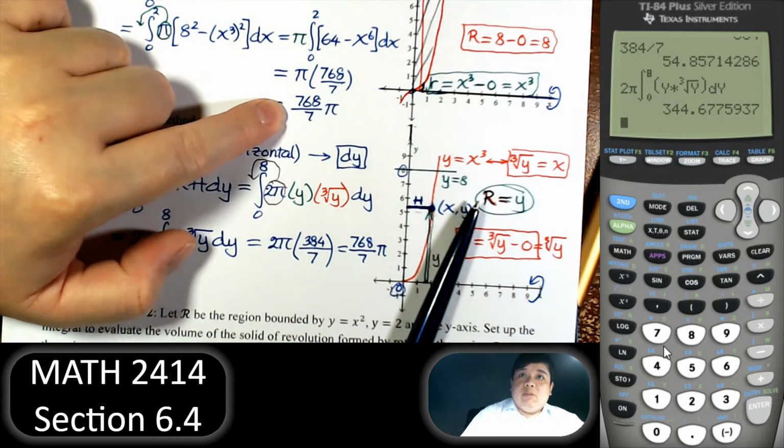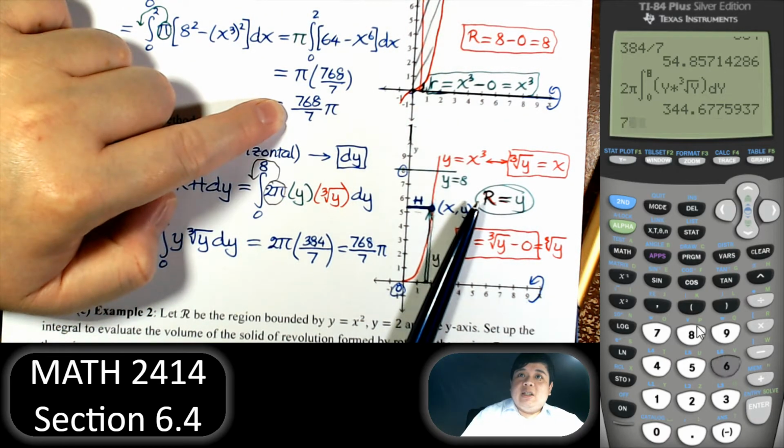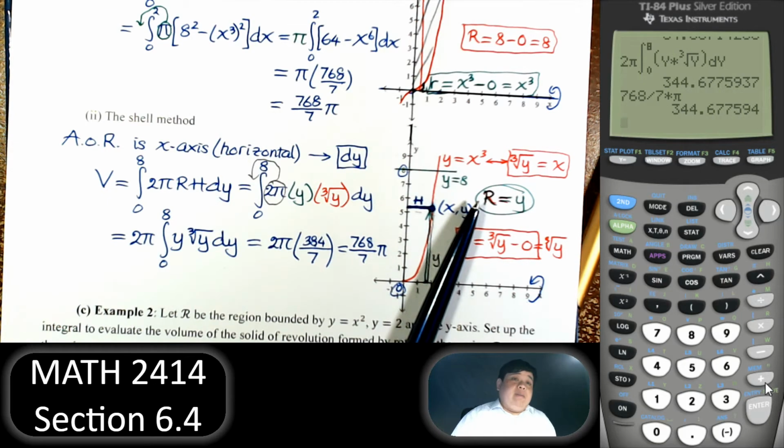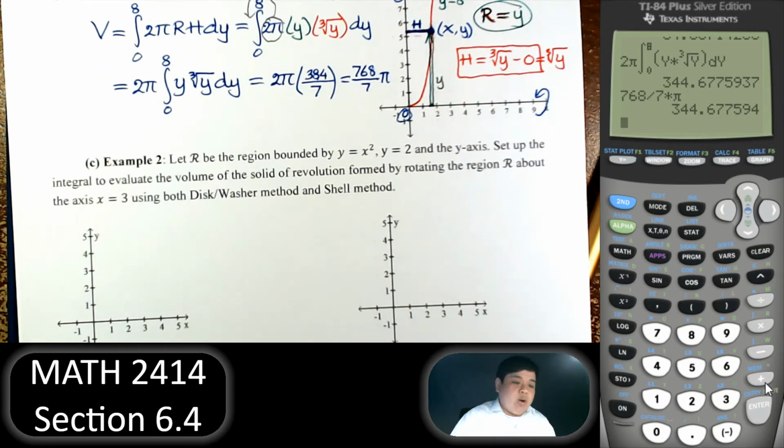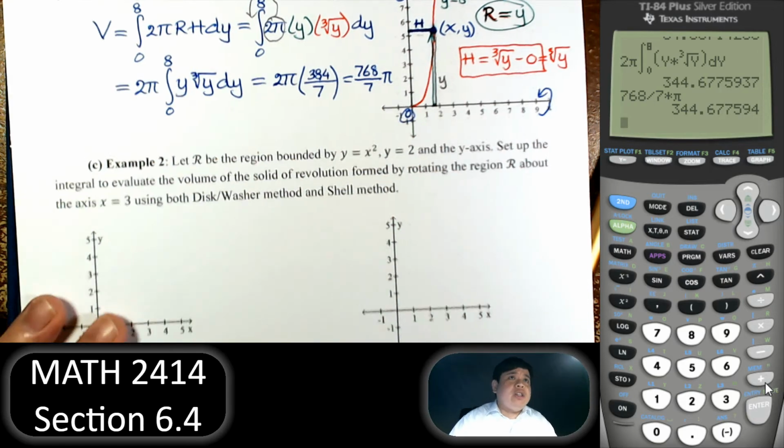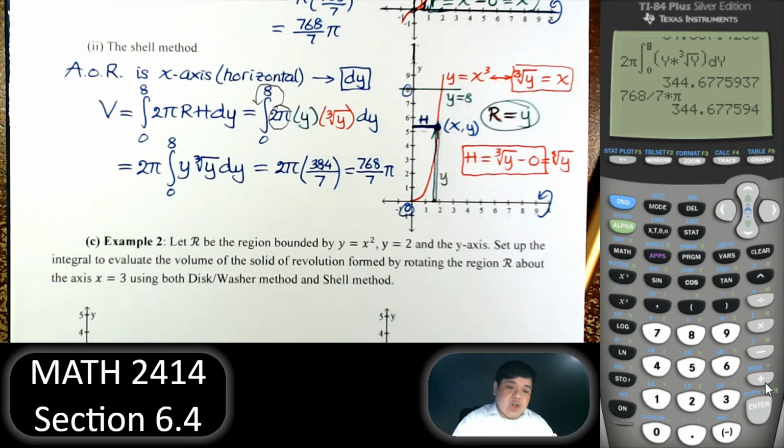And if we compare to this, 768 divided by 7 times pi, of course, it should be the same thing, because we calculate the same volume, just a different way. Right, now, another example. Also washer and then shell, using both.